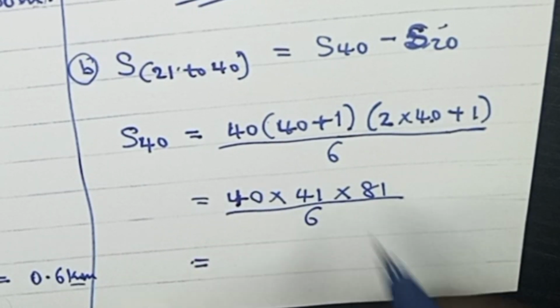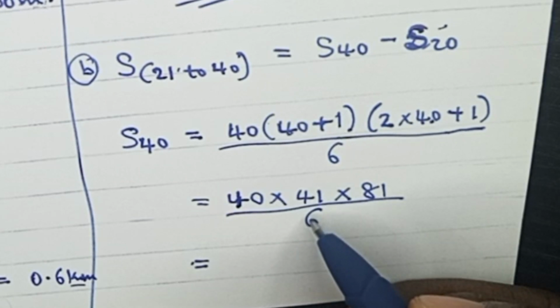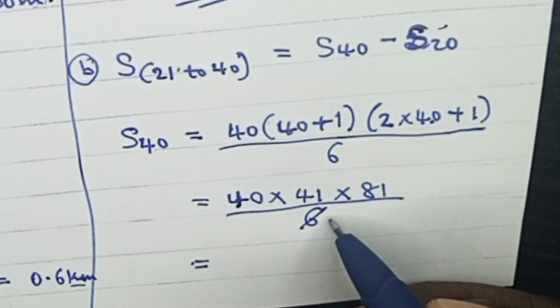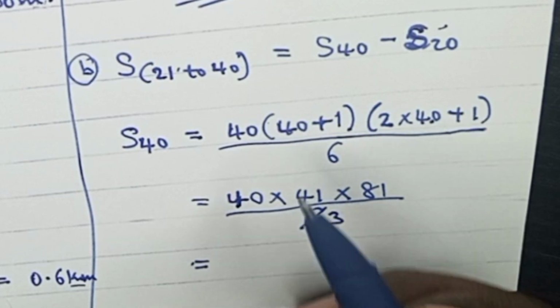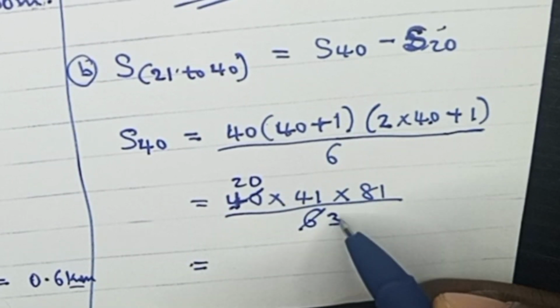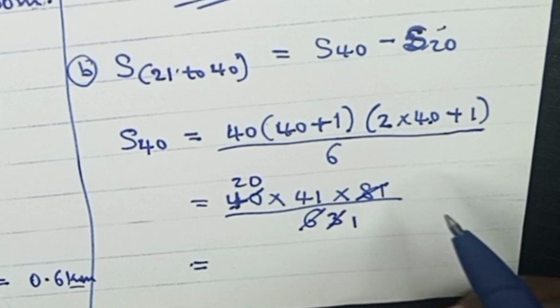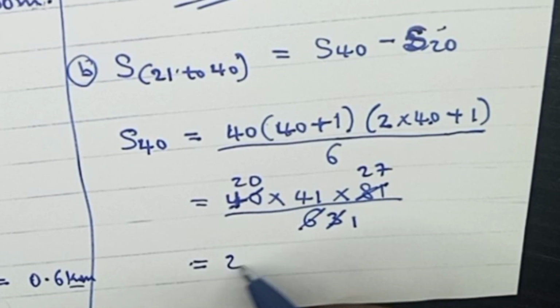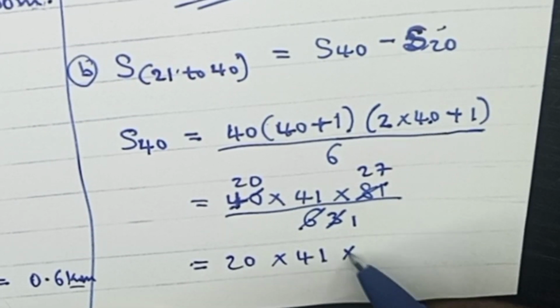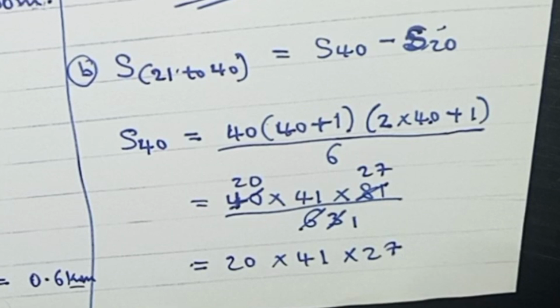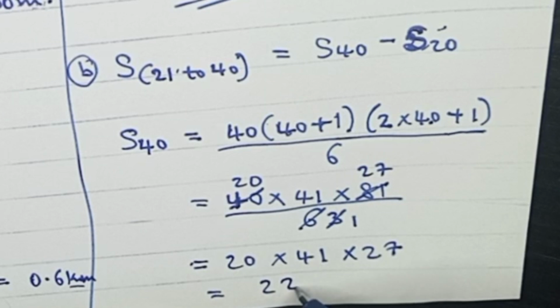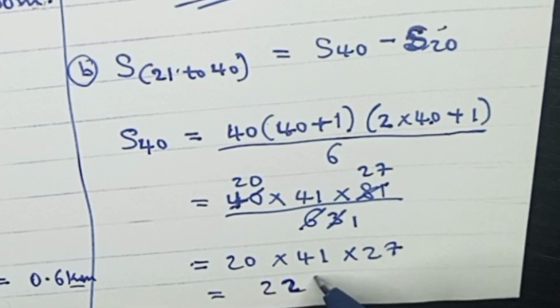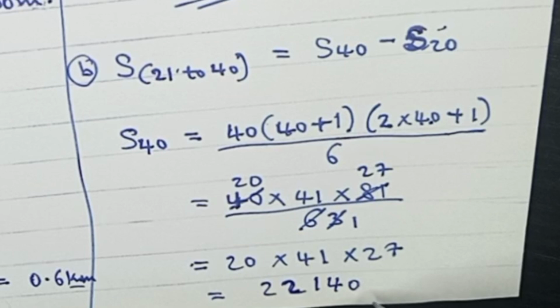From here, we break this 2 here, 3 here, we are going to have 20. 3 into 81 will give us 27. So we have 20 times 41 times 27, which is equal to 22,140. This is for S40.